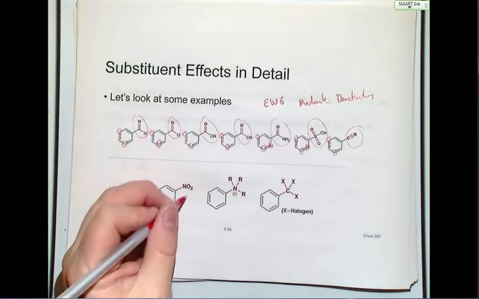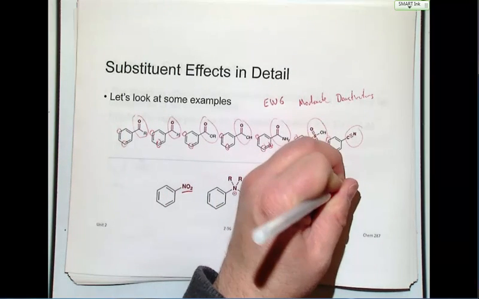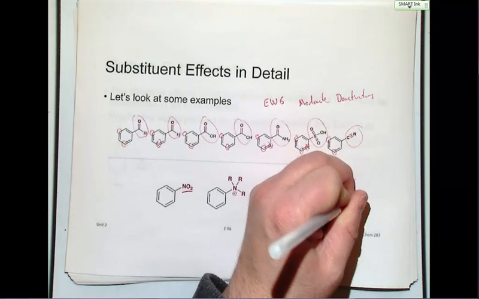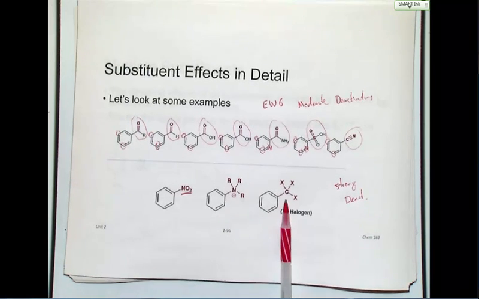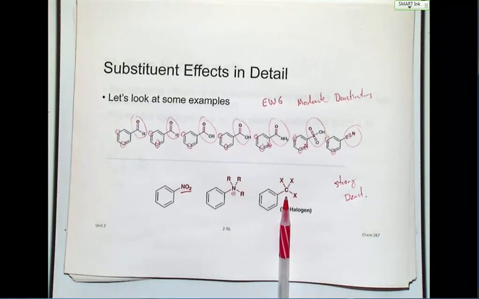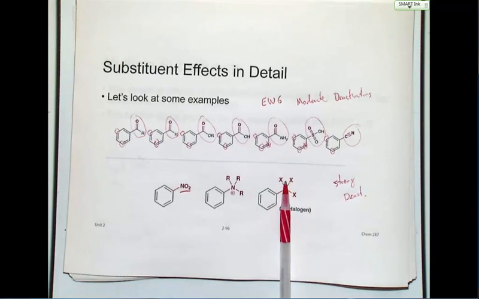And now we're down here at the nitro group. We remember that. These are strong deactivators. And I'm including in this group a positively charged nitrogen, like an ammonium ion, or an alkyl group that's fully substituted with halogen atoms.